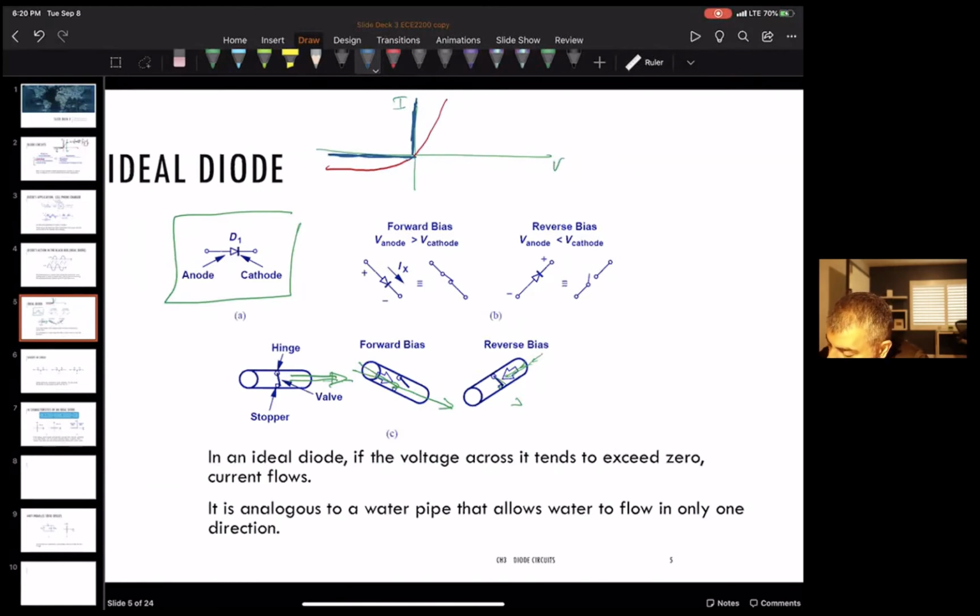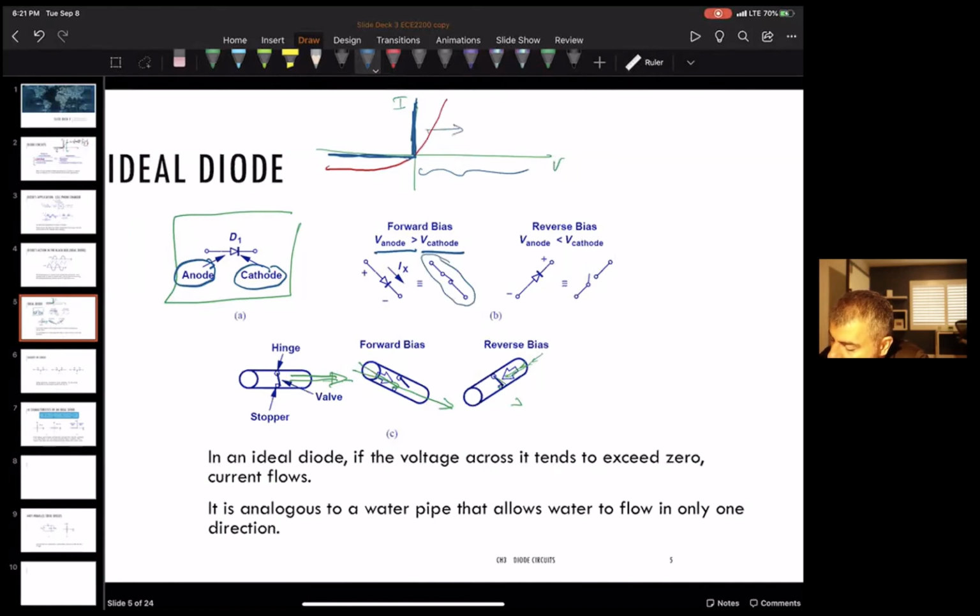So this is our ideal model. The idea is when the anode is greater than the cathode, it acts like a short, like a switch that closes. So anywhere out here, it looks like a short.